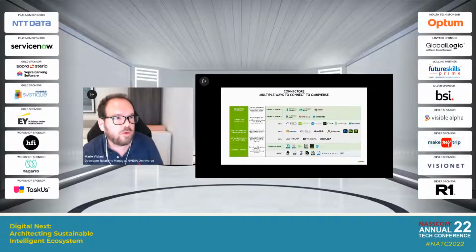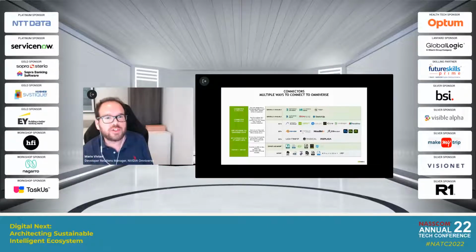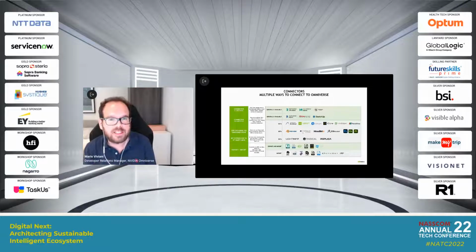We have what are called bidirectional connectors, which allow multiple tools to work in real time on the same scene. So you can imagine, for example, using both Unreal Engine and Maya and Omniverse all working in concert at the same time on the same scene, even potentially from different geographical locations. You might have a remote team and a dispersed team and have multiple people and multiple tools working in concert.